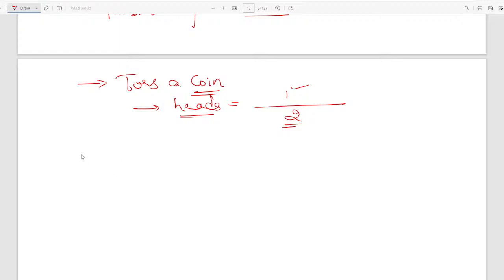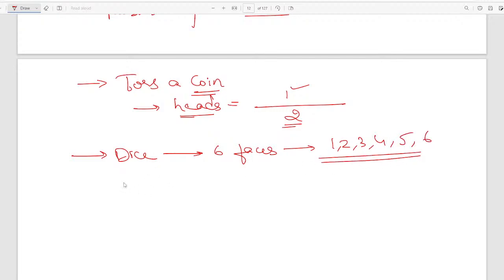Similarly, if there is a cube or a dice, there are 6 faces numbered 1 to 6. 1, 2, 3, 4, 5, and 6.